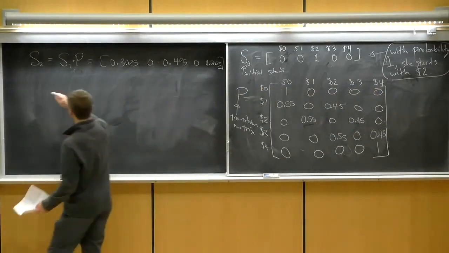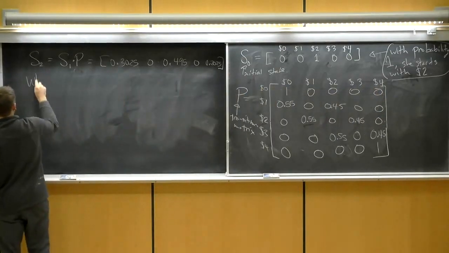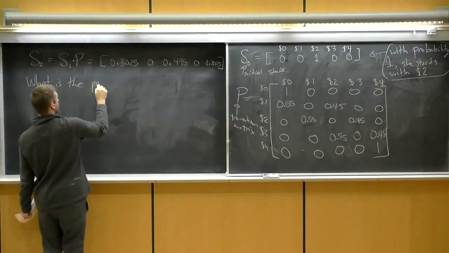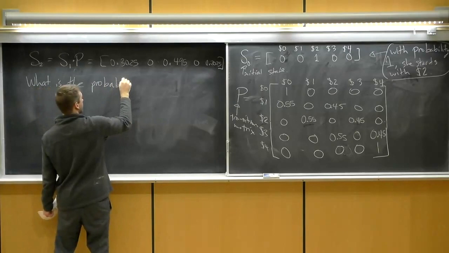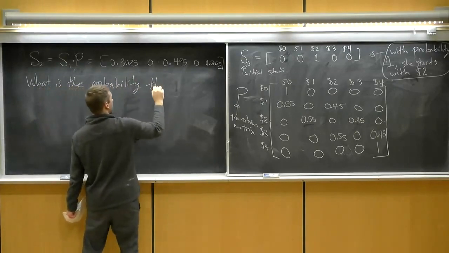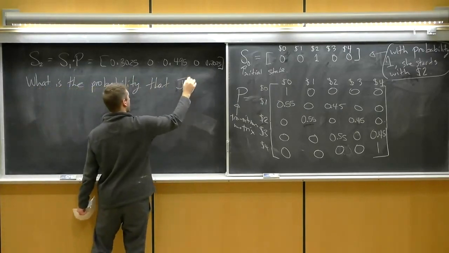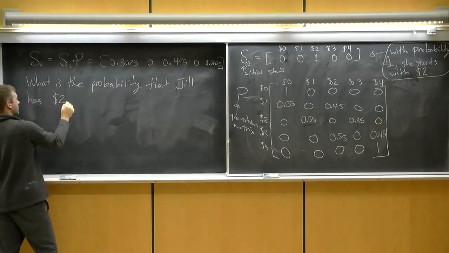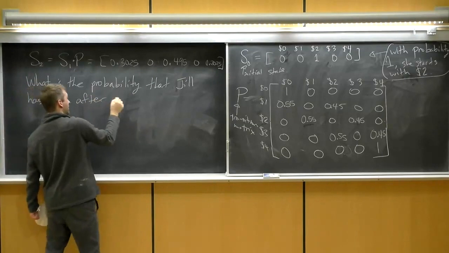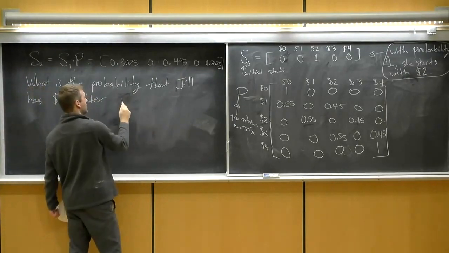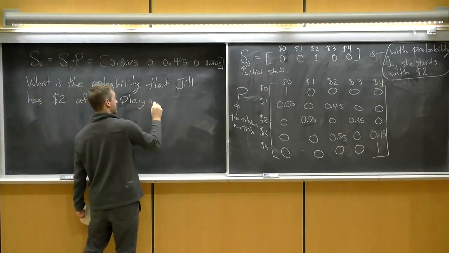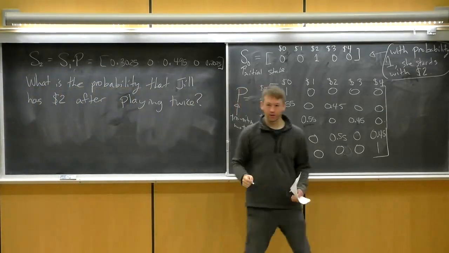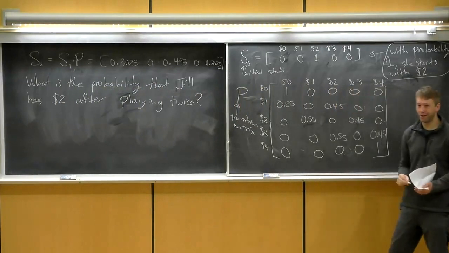So from this information, if I ask, what is the probability that Jill has $2 after playing twice, then what would you say?